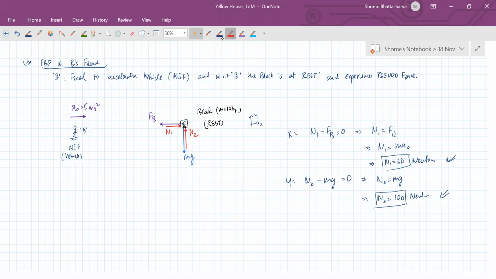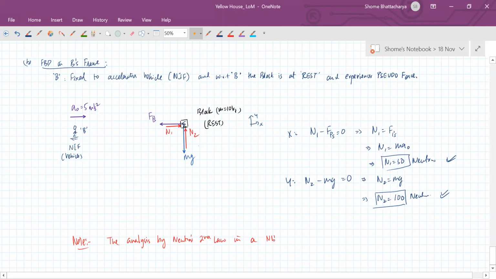So once again, you are seeing that very important point: the analysis by Newton's second law in a non-inertial frame is correct only when proper adjustment of pseudo force is made.